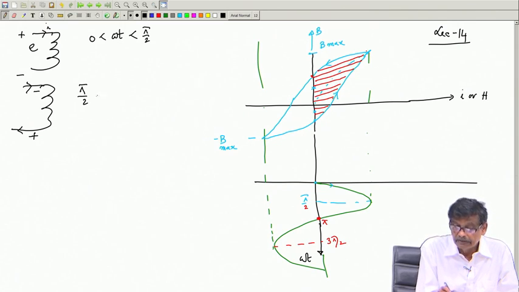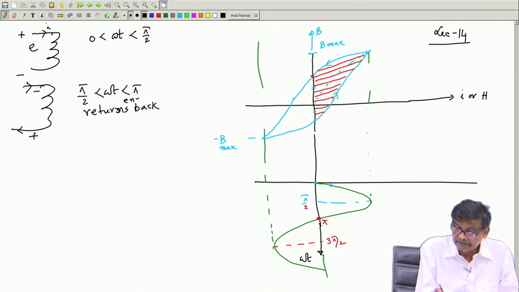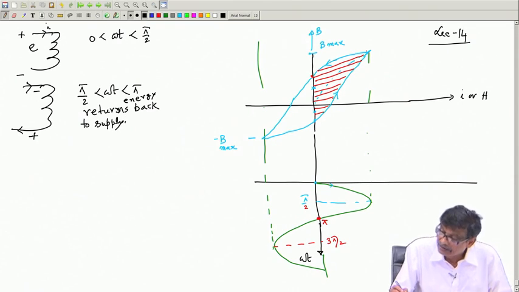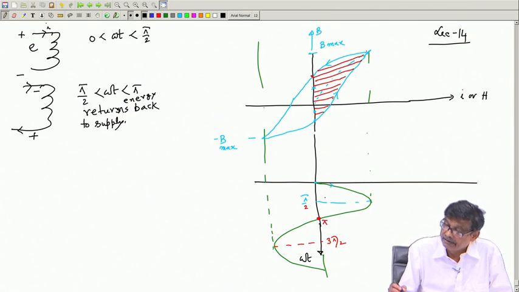So, pi by 2 to pi, omega t, returns energy back to supply. Is not? And what is that area? That area will be this area. That is why at the end of pi, it has absorbed so much energy. This minus this we discussed last time.